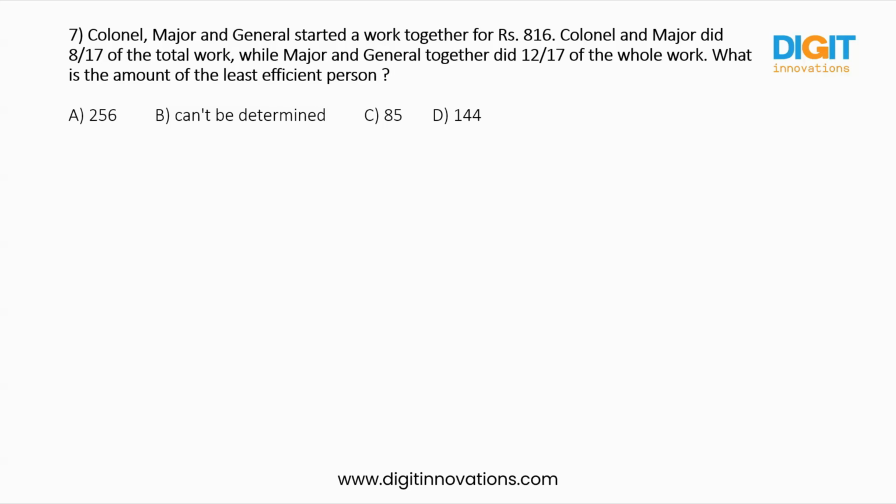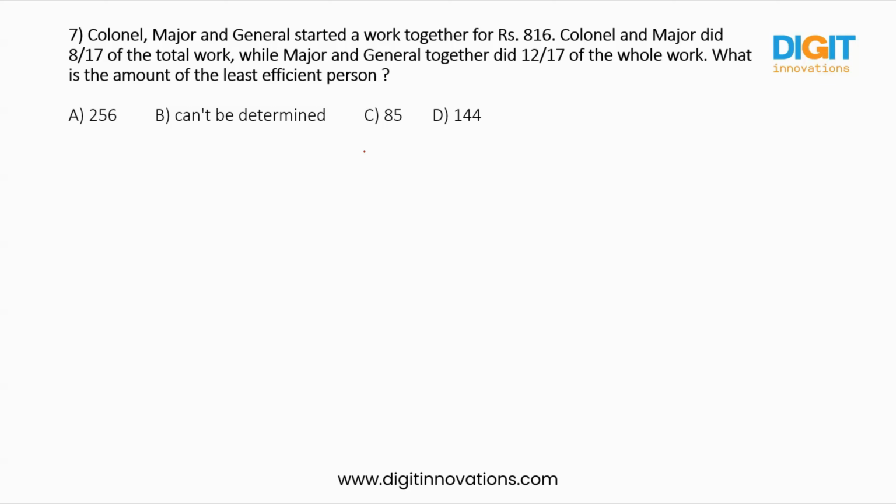Like they 3 members are there, Colonel, Major, General. They worked for 816 rupees, and Colonel and Major both together completed 8 by 17, and Major and General together completed 12 by 17 of the whole work. What is the amount given for the person who did the least work?